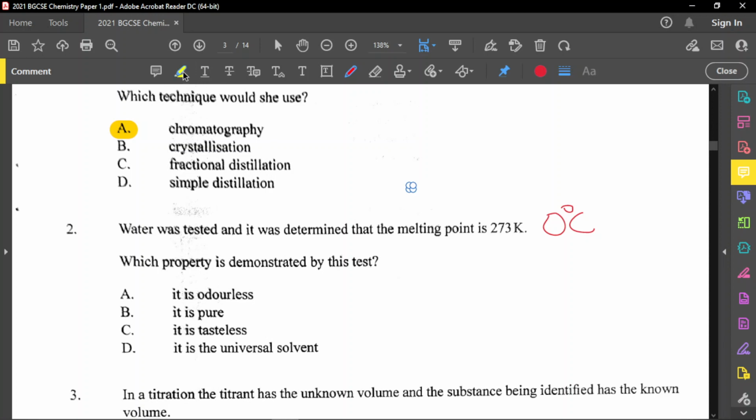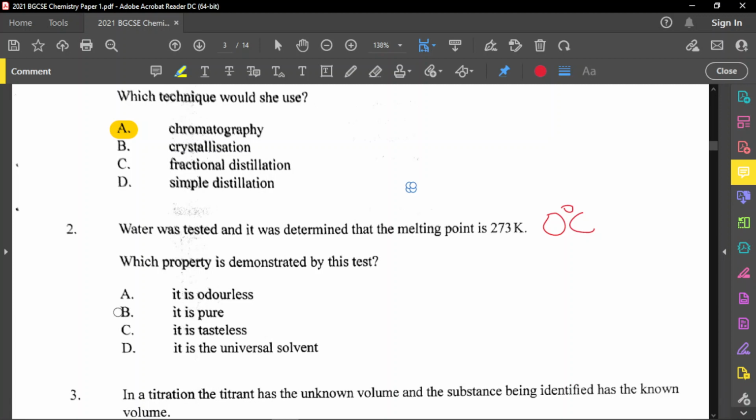What they ask us here is which property is demonstrated by this test. You cannot use temperature to test if something is odorless; that's tested by smell. If it is pure, yes, you can use temperature to test that, because a pure substance melts or boils at a specific temperature.